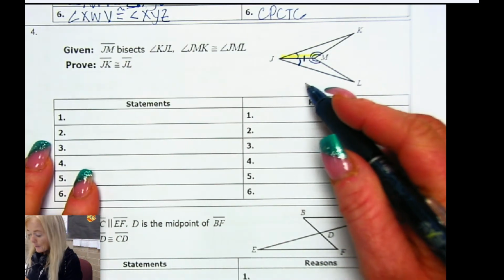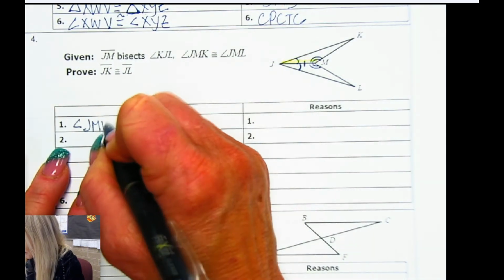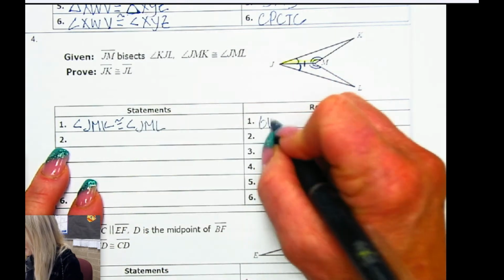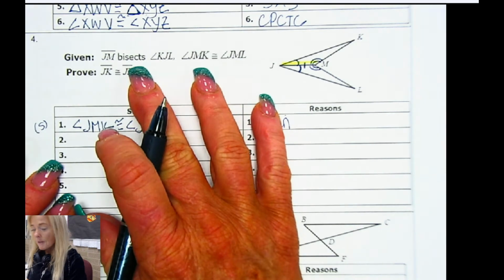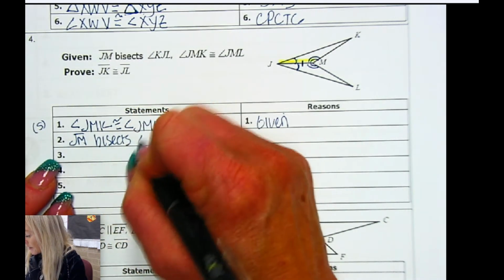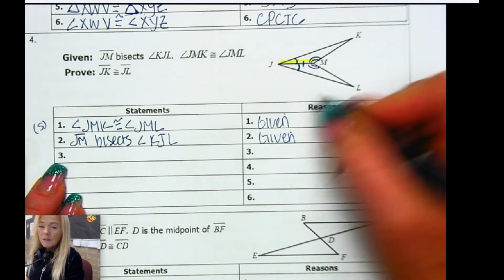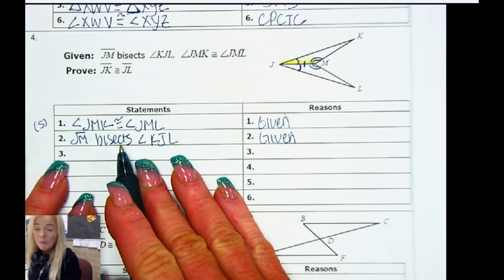All right, so we're given, I'm going to start with angle JMK is congruent to angle JML is given, and that just gives us an angle right off the bat. Then we'll work with this next part. JM bisects angle KJL, and that's given. Now, that's not an actual side or an angle that's congruent. It's just information that's given.